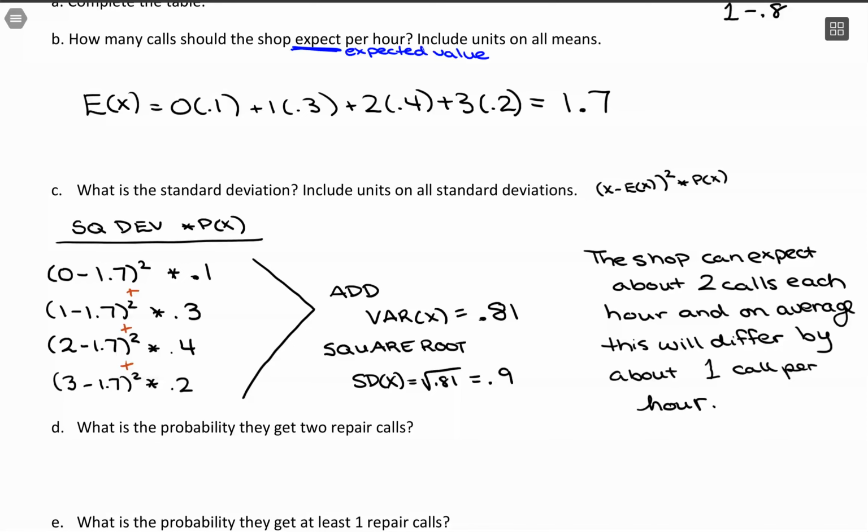So, mean and standard deviation, using our new form of calculating that takes into account our probabilities, but then making a sentence is very similar to what we did before.